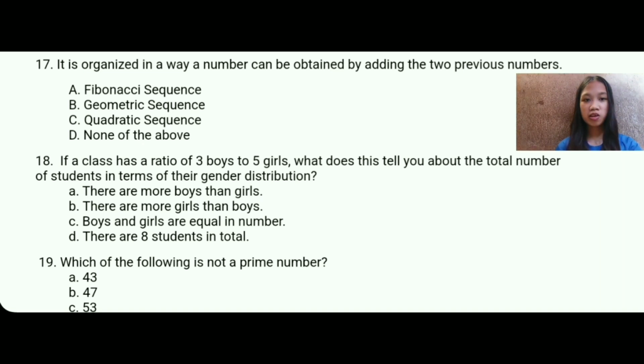And letter C, boys and girls are equal in number, is also incorrect because the numbers in the ratio 3 is to 5 are not equal. And letter D, there are 8 students in total, is also incorrect because the ratio only provides relative proportions, like 3 boys to 5 girls, and not the actual number of students.